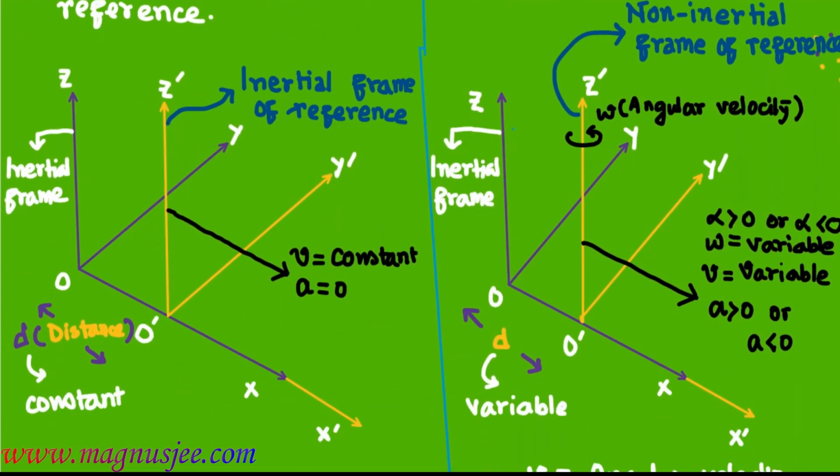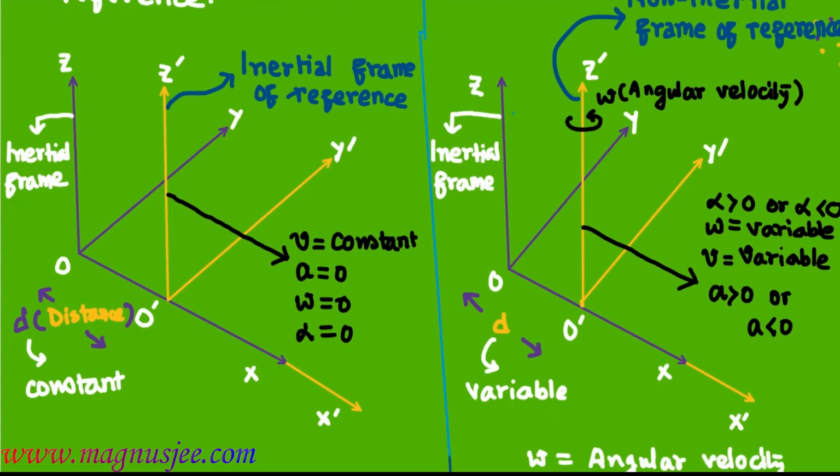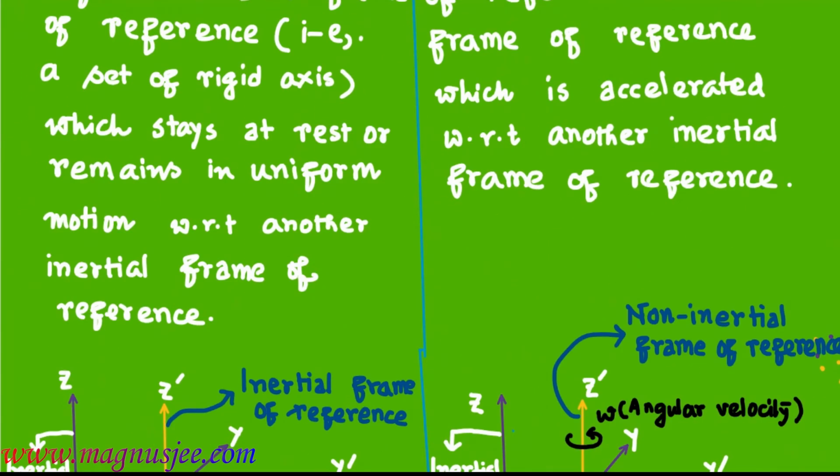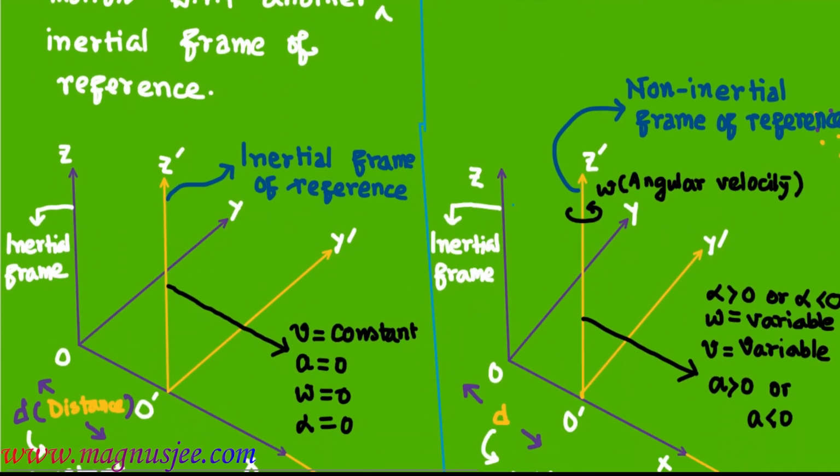So in this diagram, for the set of axes on the left hand side, the inertial frame of reference, angular velocity omega and angular acceleration alpha will be 0. We can return to the number one difference for the non-inertial frame of reference on the right hand side. Number three, it should be another assumed inertial frame of reference, and on the left hand side again we have to write another assumed inertial frame of reference.